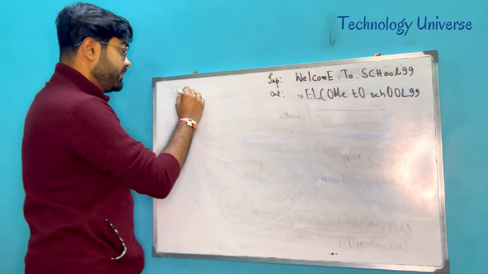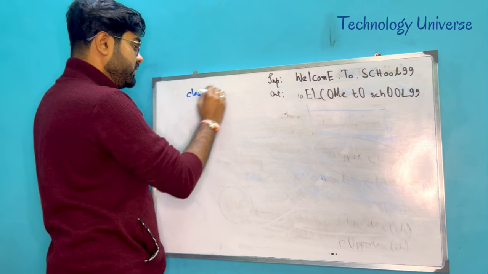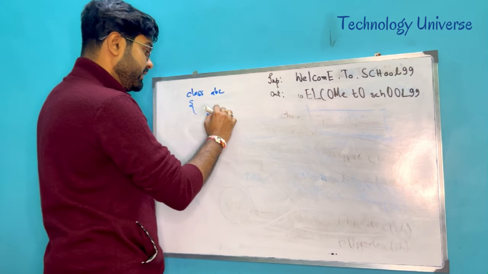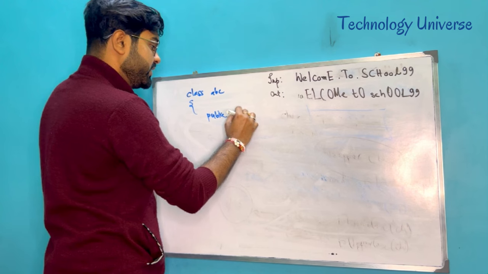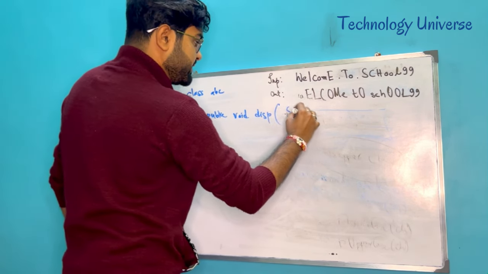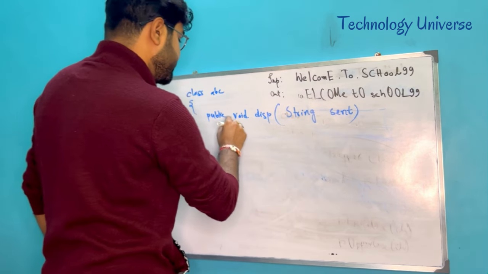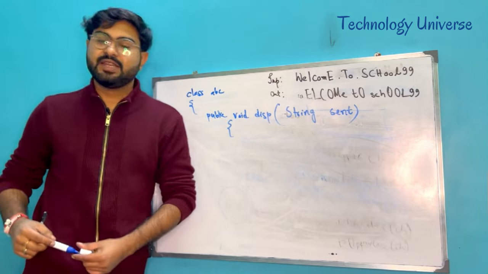Now suppose I have taken the input, the sentence whatever we have. Let me write that and then I would explain sequentially. I am taking a string as an input, String sent for sentence. Now I have that sentence as an input.